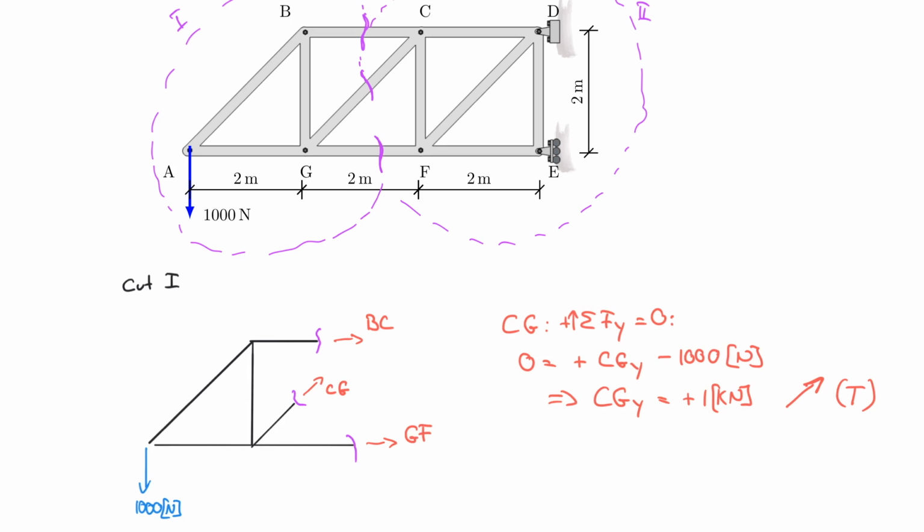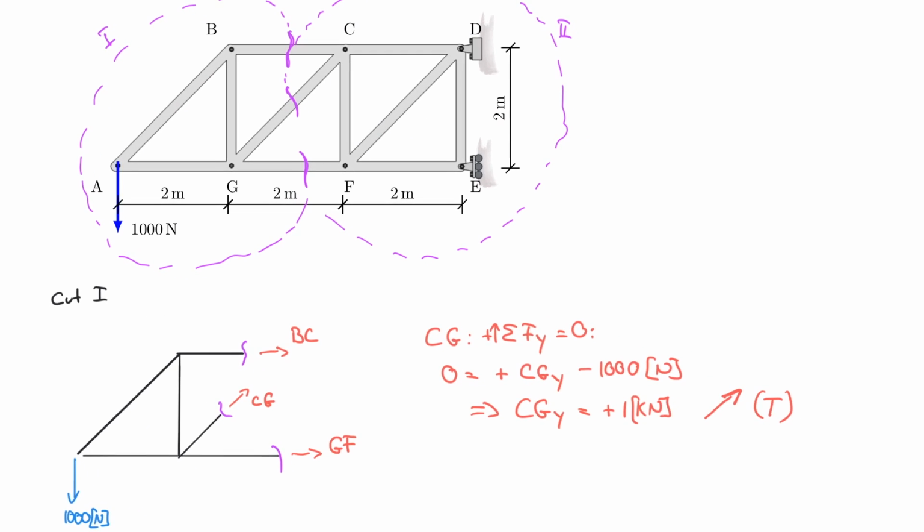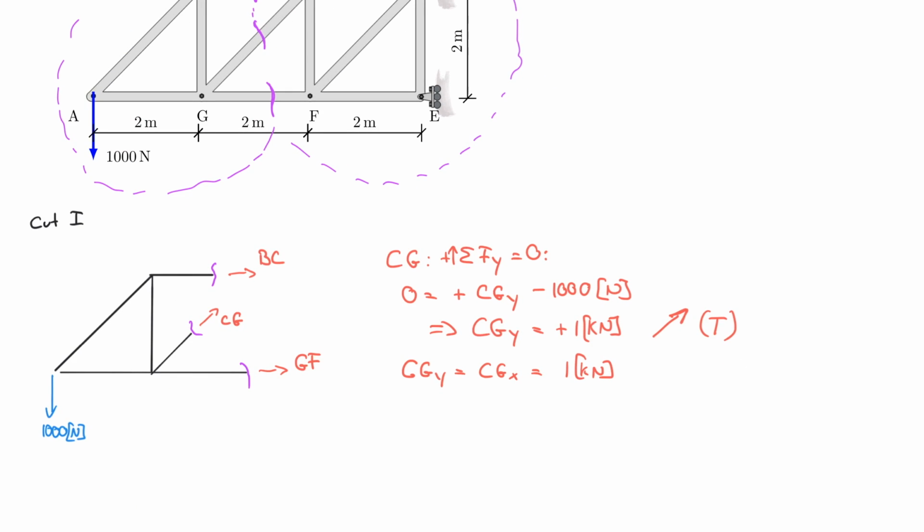And now I need, of course, to convert from CGY to CG, and I have to do that using dimensions, but I guess we're lucky in this case because it seems to be a 45-degree triangle. So therefore CGY is equal to CGX is equal to 1 kilonewton, and the CG itself is equal to the square root of 2 times 1 kilonewton.